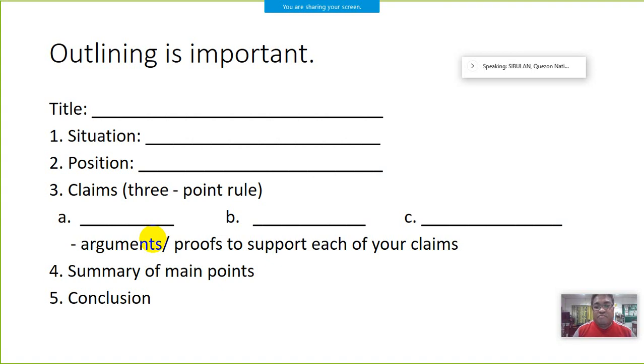In an editorial, if you remember, there is such a thing as the 3-point rule, where the standard way of writing an editorial is that there must only be 3 claims, and those claims or arguments must be supported by facts or explanation. Then each claim is a paragraph of its own, or somehow one claim can be 1 or 2 paragraphs. Then a summary of the main points, then you have your concluding part.